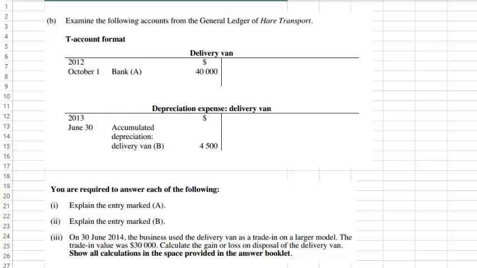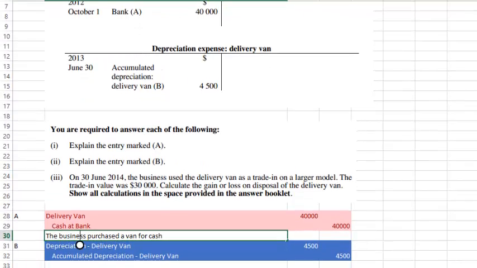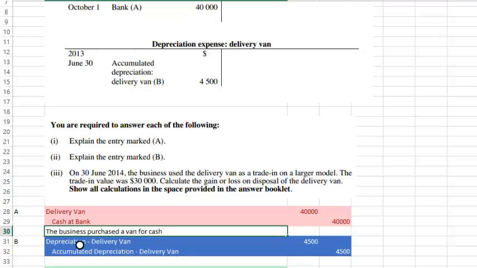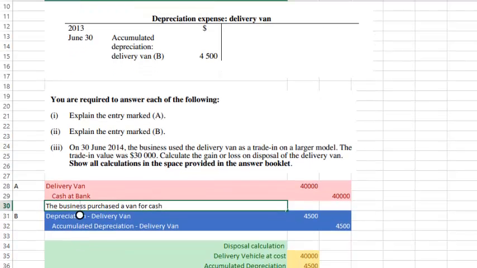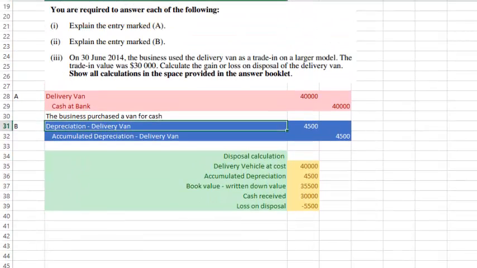Similarly, now let's have a look at part B. We've got an accumulated depreciation delivery van, that's the opposing credit, if you like, to the depreciation expense delivery van. So what that is actually is a depreciation entry, and this is the entry that would have been generated. Depreciation delivery van, $4,500, accumulated depreciation, so it's a credit.